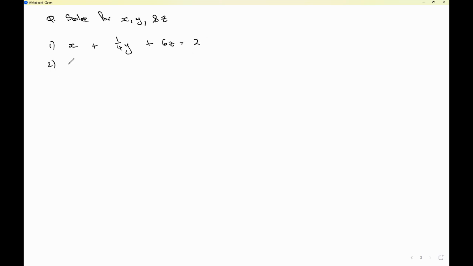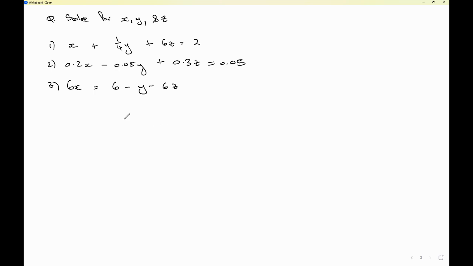My second equation is 0.2x minus 0.05y plus 0.3z equals 0.05. This one is in decimal form. And the third is 6 equals 6 minus y minus 6z. Okay, so first we've got these three equations.